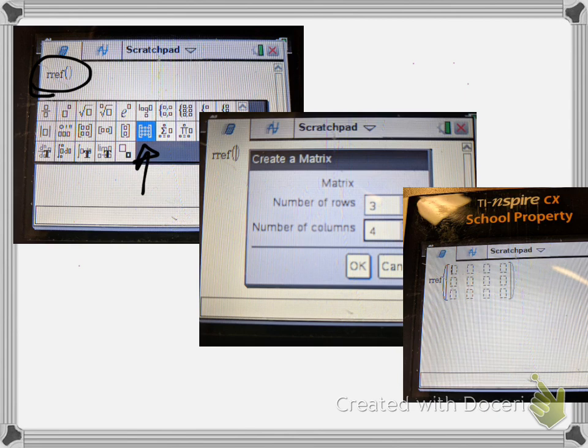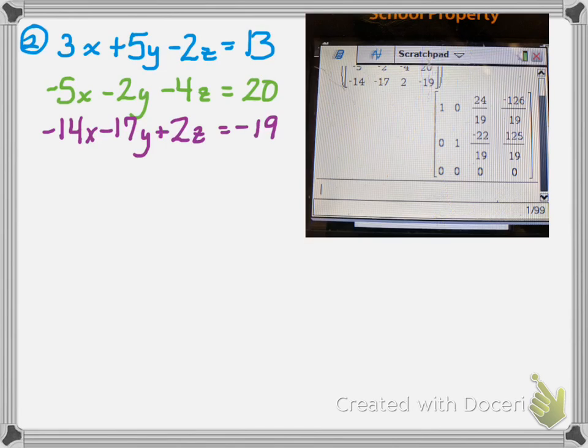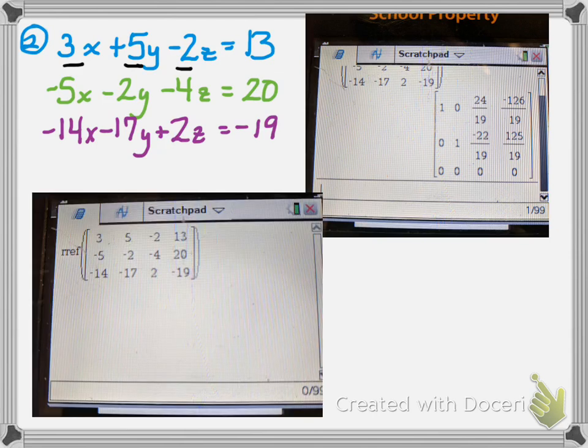Tell it you want 3 rows and 4 columns. And then we're going to start typing in the numbers we have here. 3, 5, -2. So our matrix, and I realized I left that step off. We had 3. So here it is.